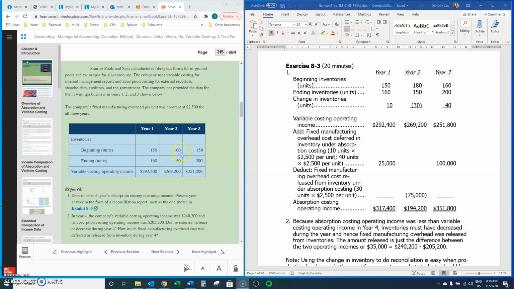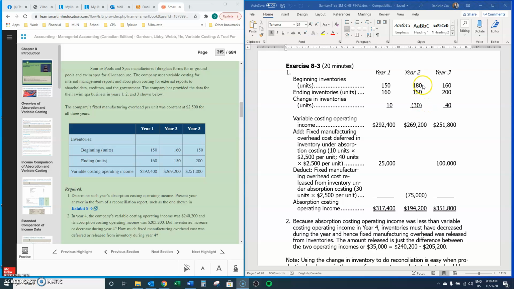So this is logically correct. Your ending inventory of 160 in year 1 will be your beginning inventory, then your ending inventory in year 2 will be your beginning inventory in year 3. But just to show you the math, since it's already here, we will use these numbers.